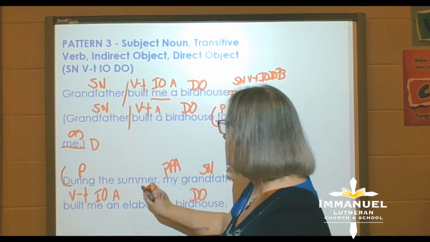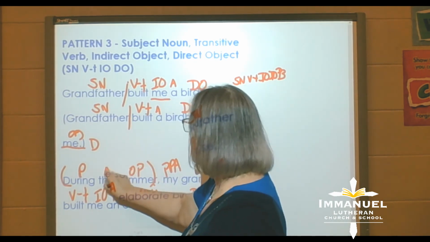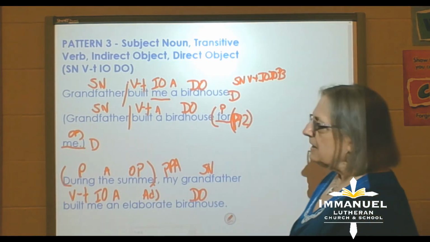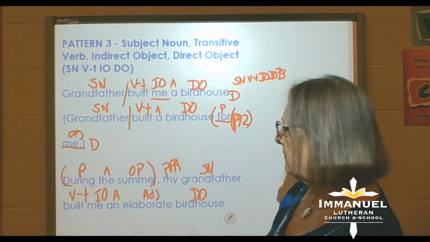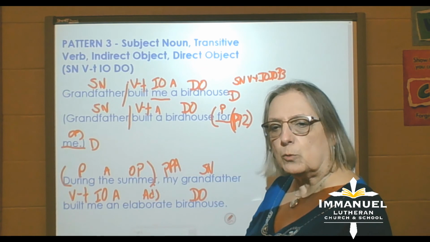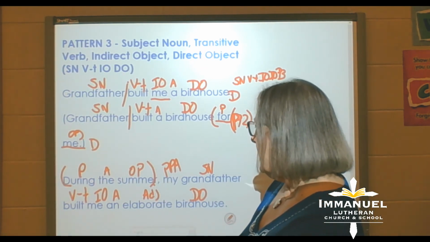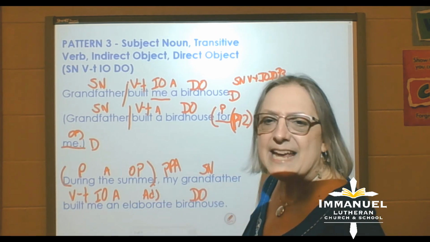During what? Summer, object of a preposition. The, article, adjective. And we will learn that whenever we start a sentence with a preposition, this is part of the predicate. So now we're in inverted word order, and we're going to have to separate the subject from the predicate and do some underlining.